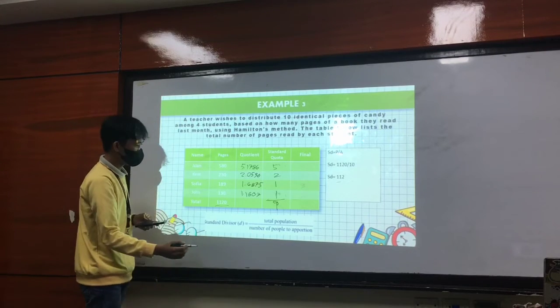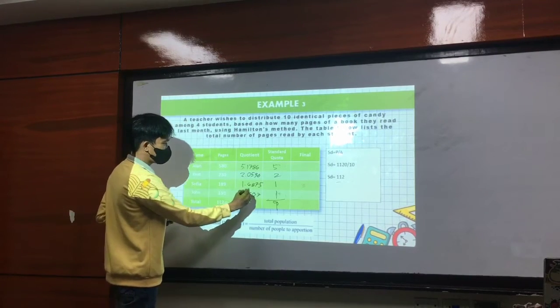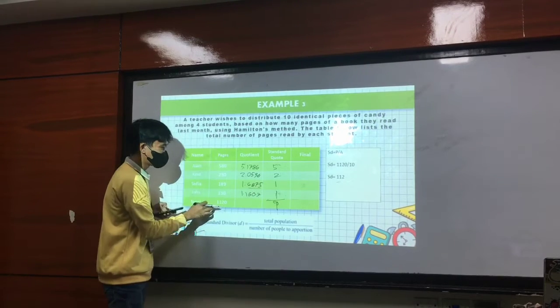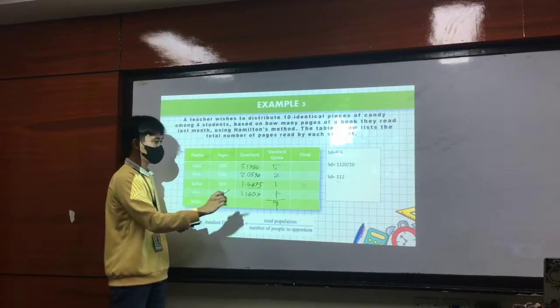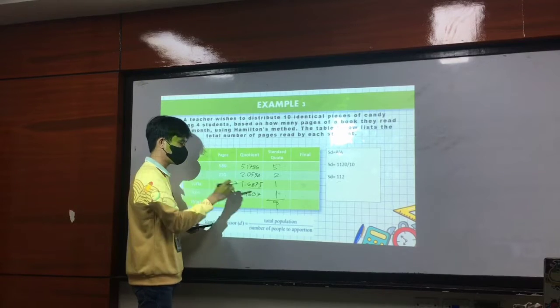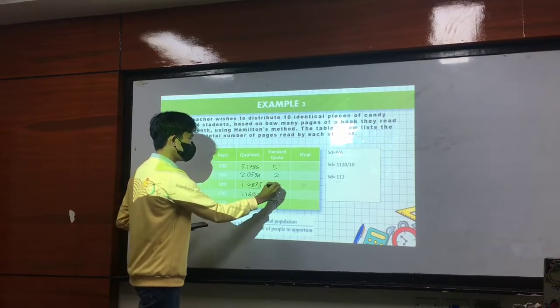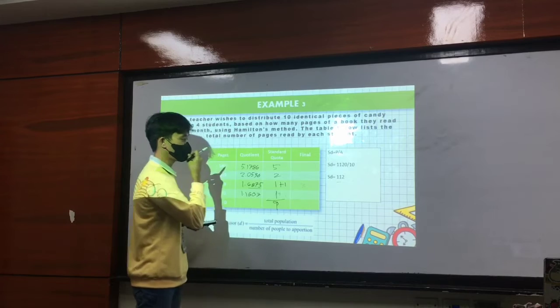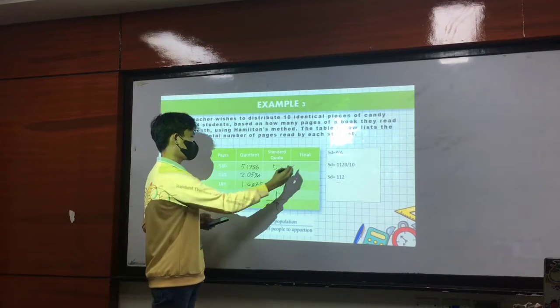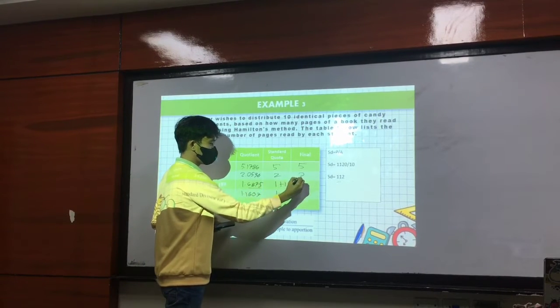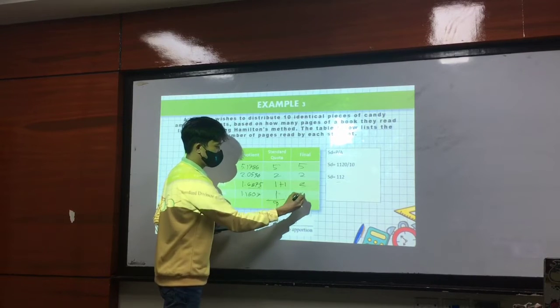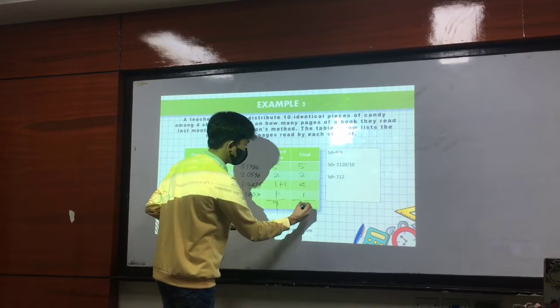So notice here Sophia has the largest decimal part. So Sophia got 1 more piece of candy. So if we add this all, we have 5, 2, 1 plus 1 equals 2, and 1. So we got a total of 10.